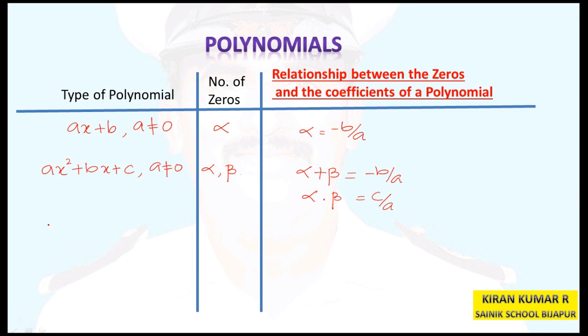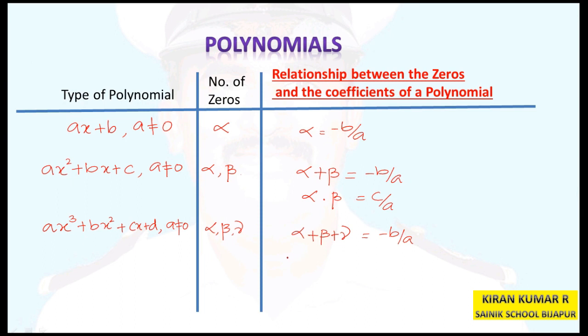We also had a cubic polynomial of type ax cube plus bx square plus cx plus d where a not equal to 0. The number of zeros are alpha, beta and gamma. The relationship between zeros and the coefficients are: sum of the zeros alpha plus beta plus gamma is minus b by a.